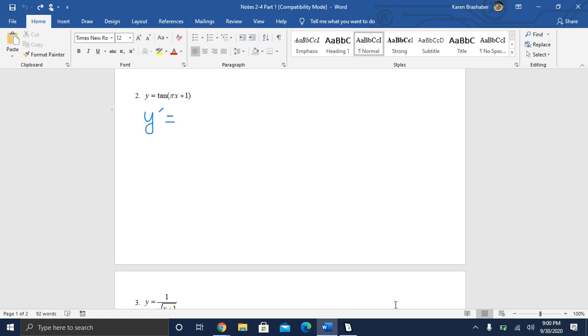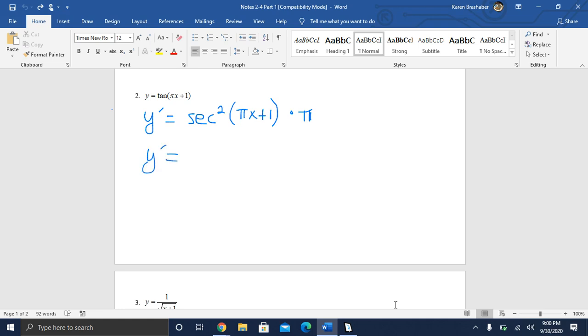Y prime will equal the derivative of tangent, which is the secant squared of the angle that you started with. So the angle we started with was pi x plus 1. So you do the derivative of that outer function, keeping the angle, and then you multiply by the derivative of the angle. The derivative of pi x plus 1 is pi. So we would multiply by pi.